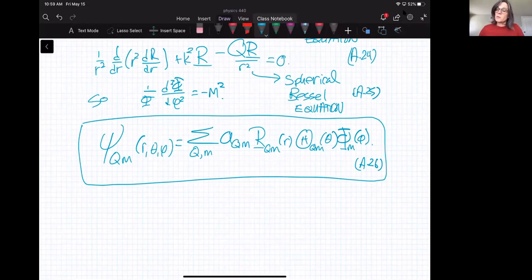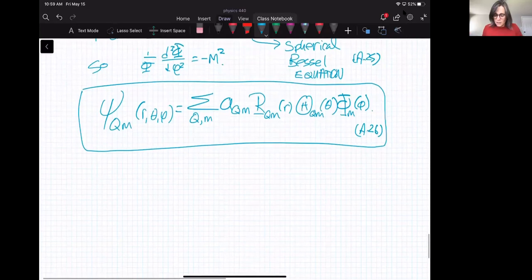If we know what the solutions to those differential equations are, we can at least recognize the solution to a physics problem.